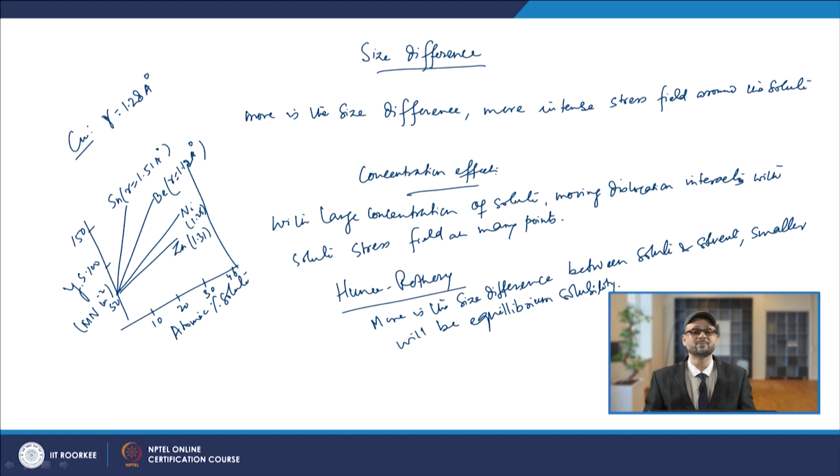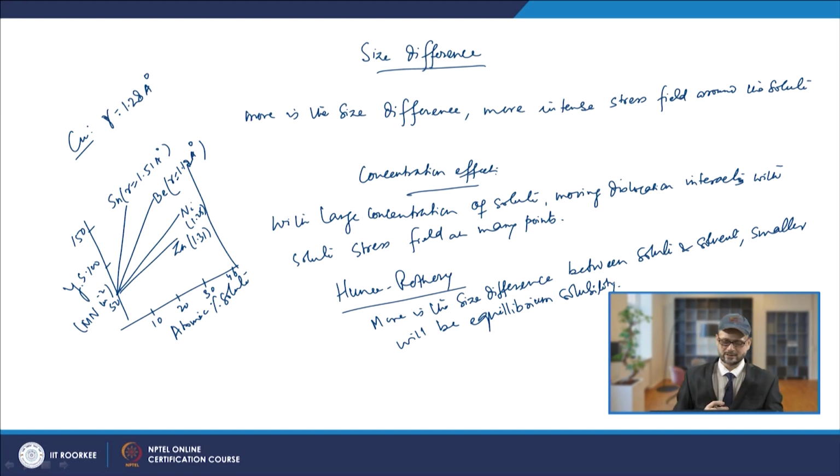But then you have the example of interstitial solid solutions, a concept very much used for very popular materials like steel. In steel, we are able to get very high strength because of interstitial solid solution strengthening.